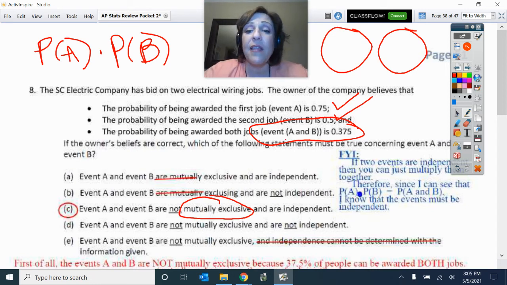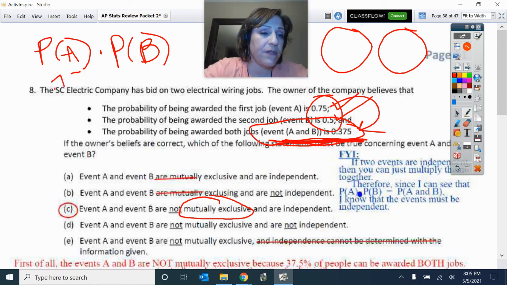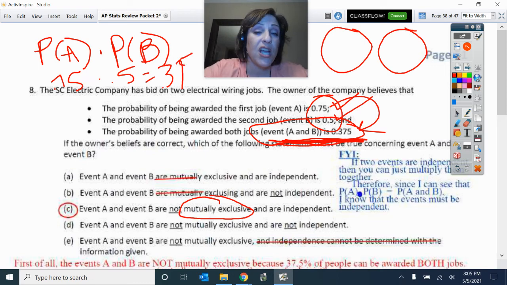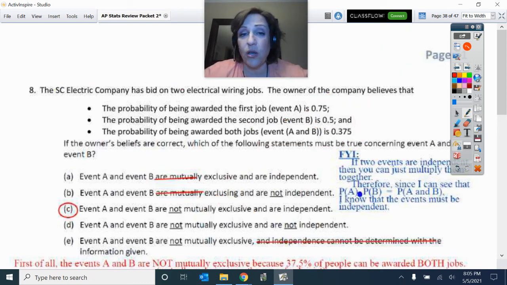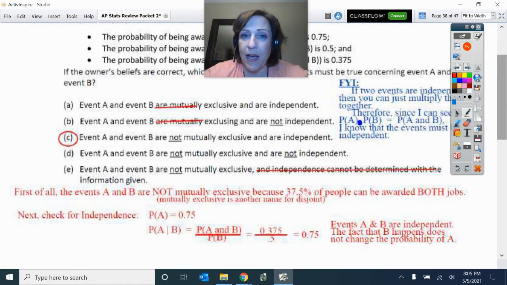If they're independent, then that would equal this, the probability of A and B. So what I'm going to do then is multiply 0.75 times 0.5 and see if that gets me 0.375. And it does. So 0.75 times 0.5 does equal 0.375. So I know they are independent.